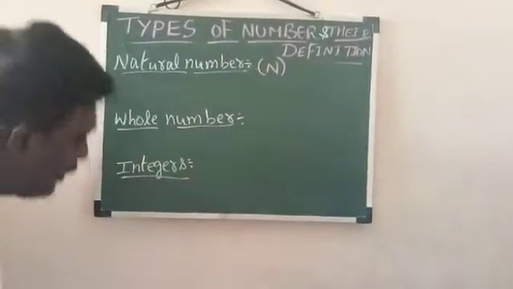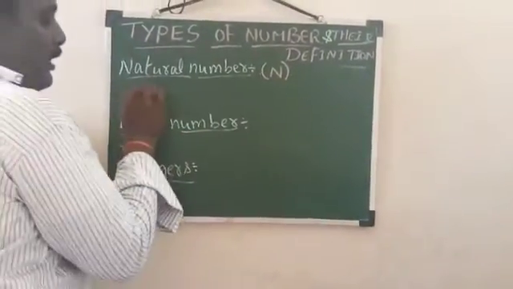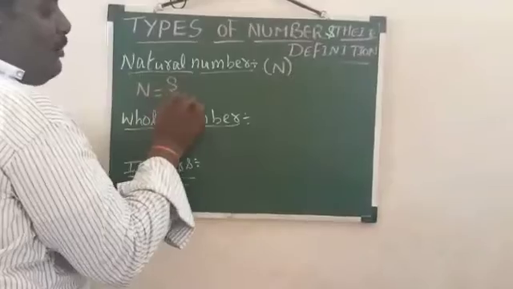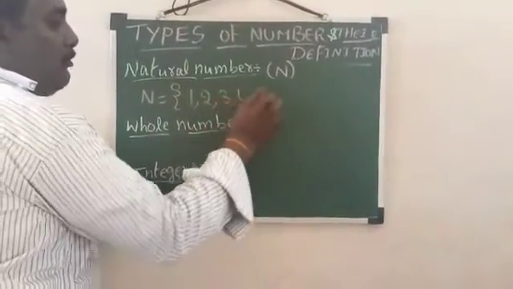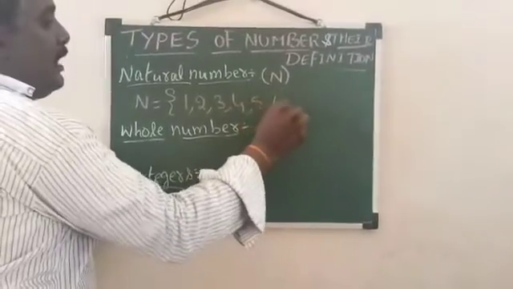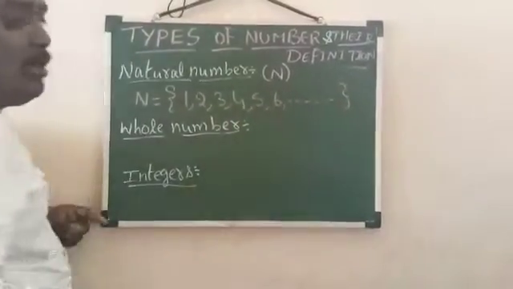Natural numbers are denoted by N, and they start from 1, 2, 3, 4, 5, 6 and so on. They have no end.